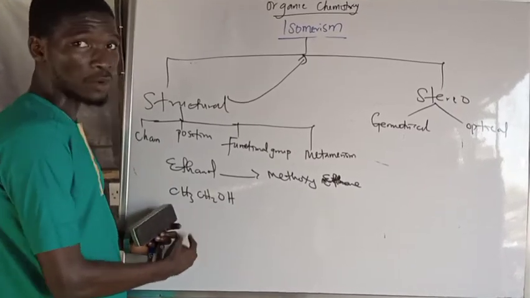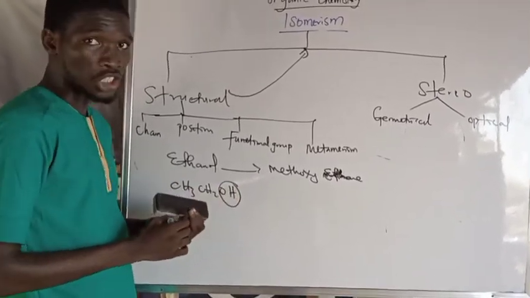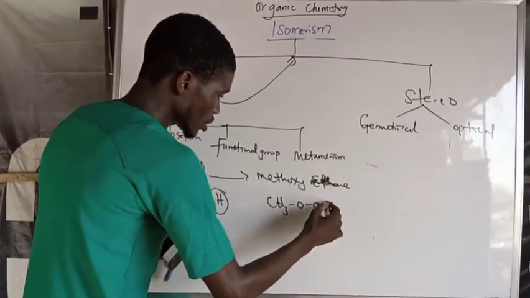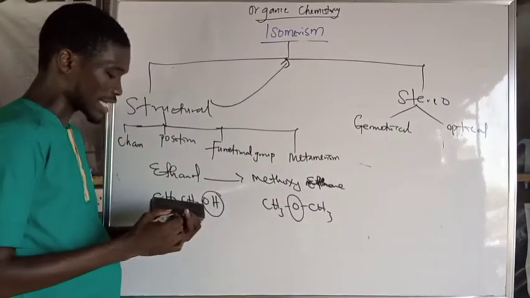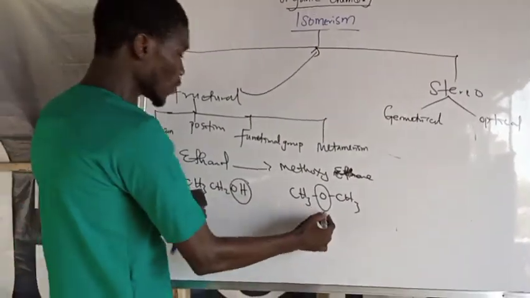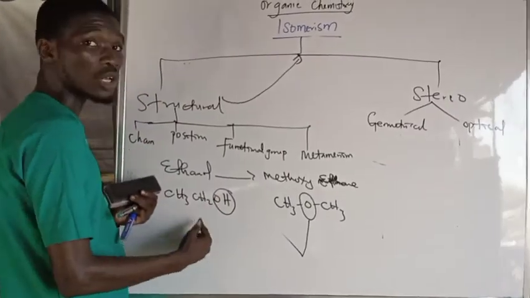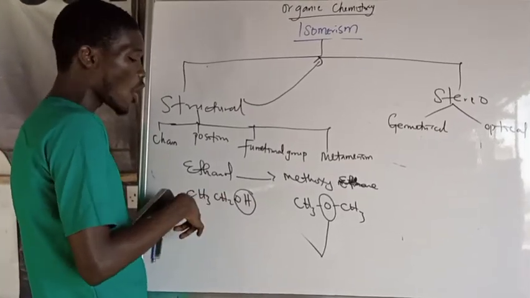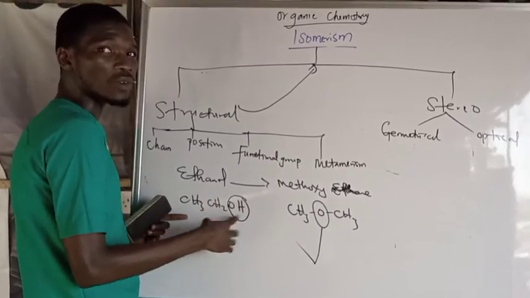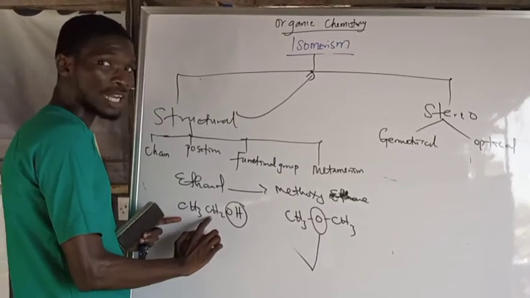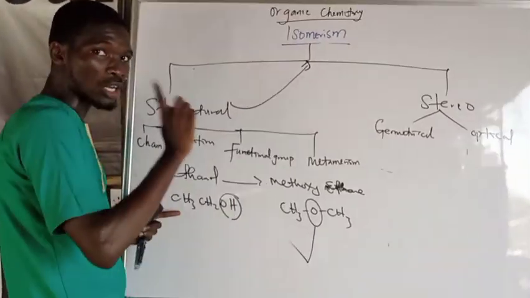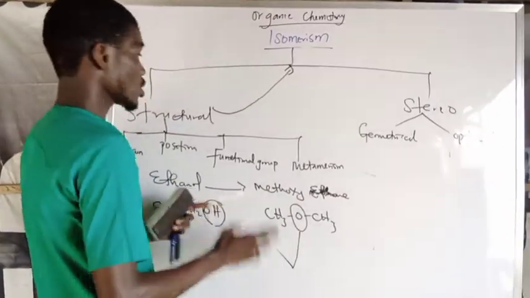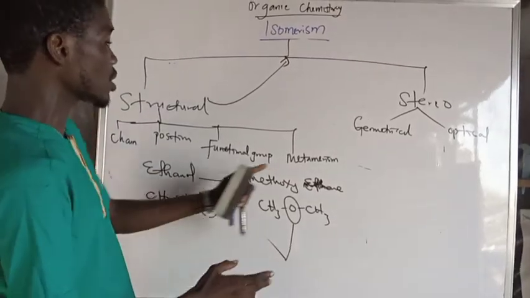You can see this is the molecular formula, and here is the functional group. For methoxymethane we have CH3, O, CH3. This O is the functional group. So you can see they have the same molecular formula. If you want to check if truly they have the same molecular formula, you count the number of hydrogen atoms and the number of carbon atoms. Here we have 2 carbon atoms, 6 hydrogen atoms, and 1 oxygen. The same thing applies to methoxymethane.